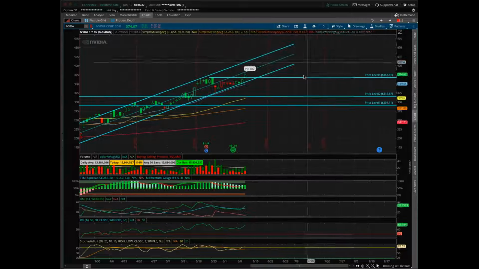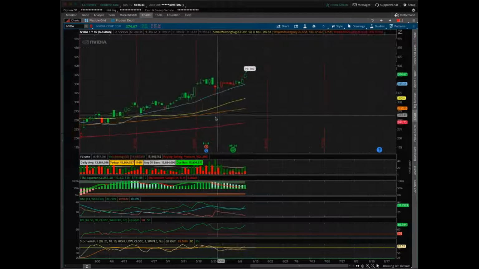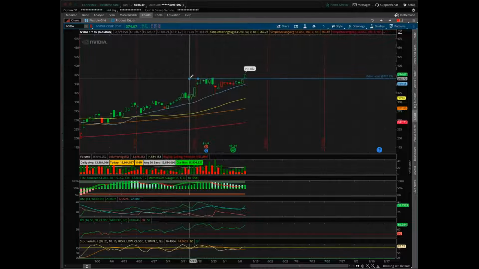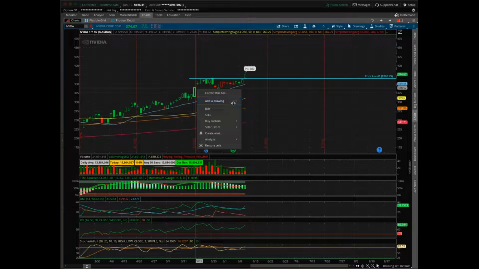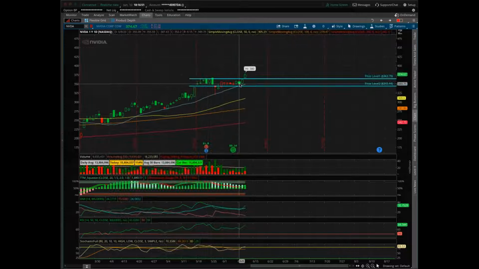All right. Now that we went over some support and resistance here, let's go over a little bit more support and resistance. Here we have a box consolidation as well: equal highs, equal lows, just going sideways, right? We don't like that.